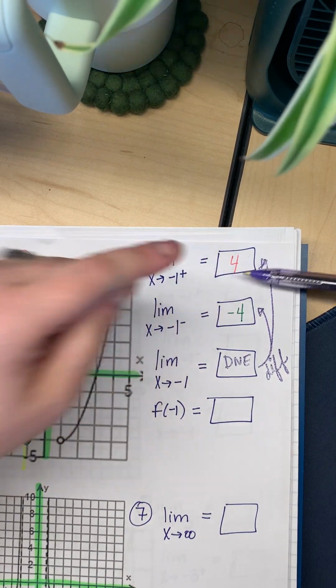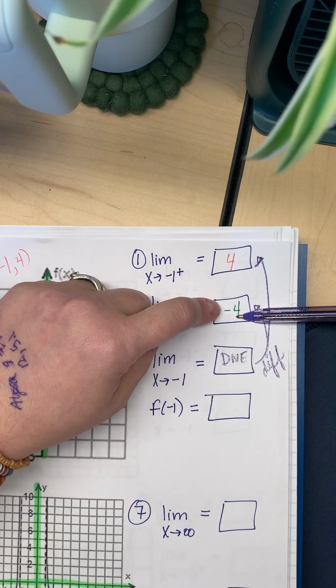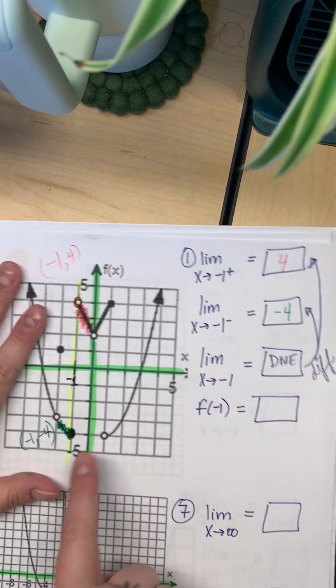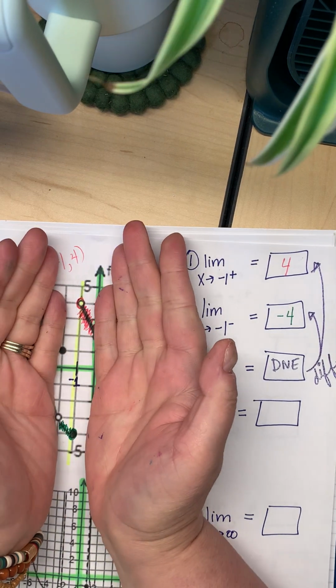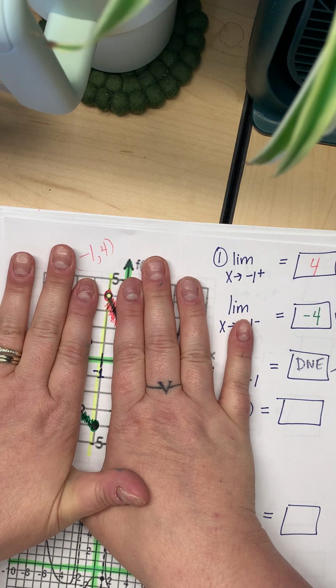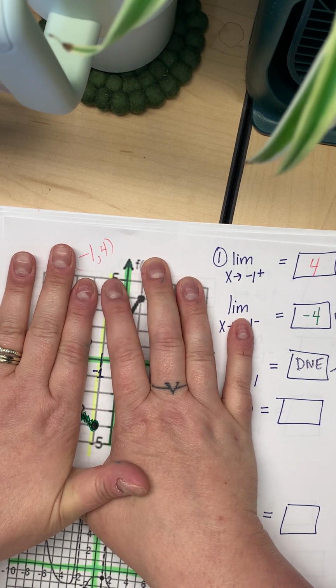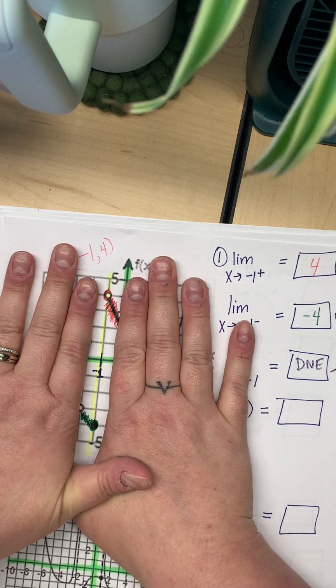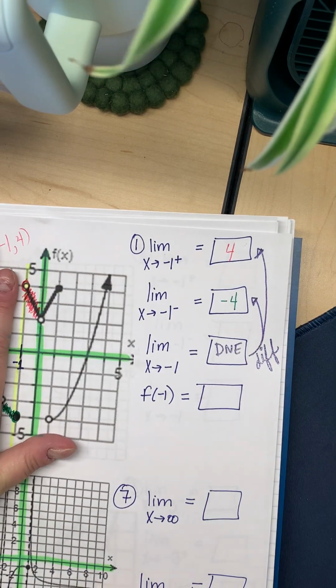But since I have two different y values, the limit as x approaches just -1 does not exist, because if you look when x is -1, there's two y values. There's this open hole at the top and this closed hole at the bottom. Well, you can't have two y values, so the limit does not exist.